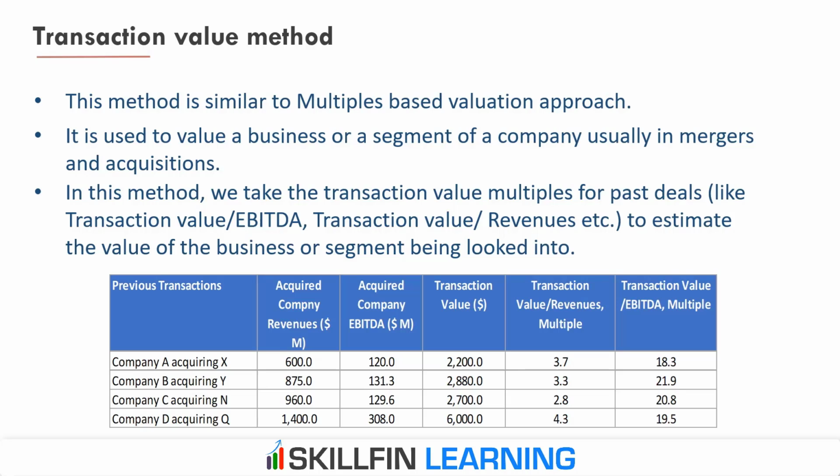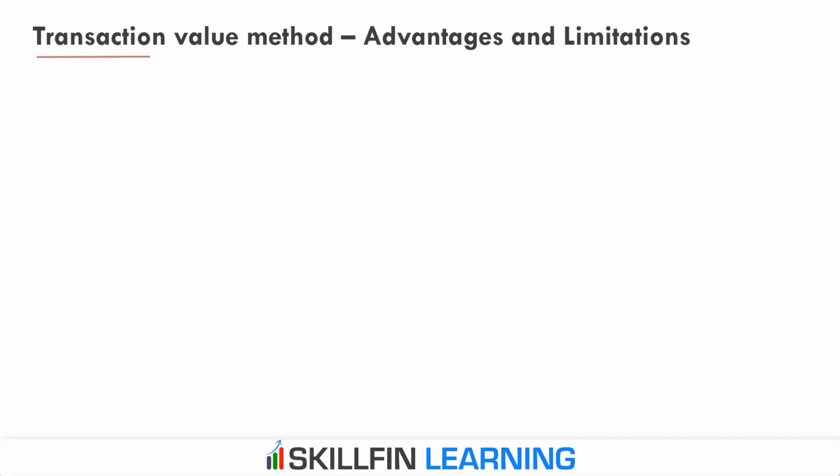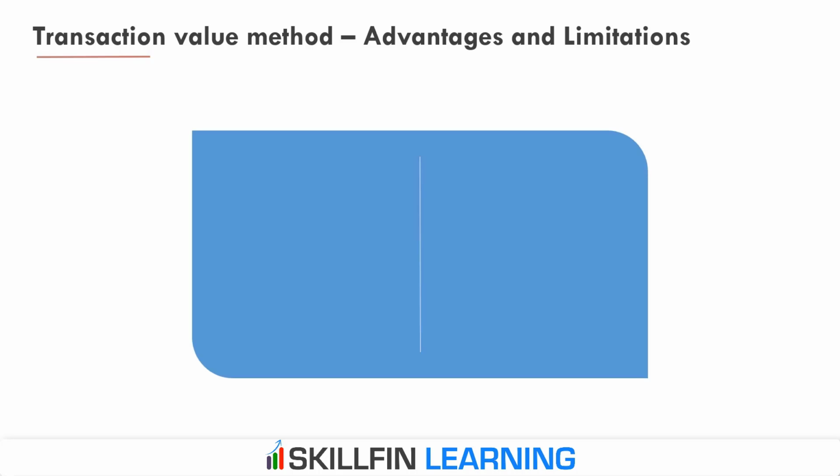Based on the information given, we can calculate the transaction value to revenue multiples and transaction value to EBITDA multiple to get a range of value for the business or segment being looked into. The transaction value method also has a few advantages and limitations. Let's look at the advantages first.